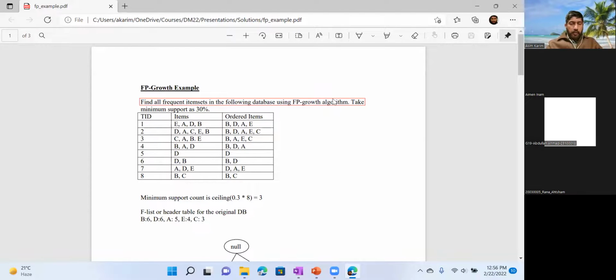So let's look at an example. Minimum support is 30%. First of all, at least for hand computation, we will need to convert this minimum support to minimum support count. The table here shows the item sets, and of course there's an additional column, the ordered items, which we'll talk about later on.